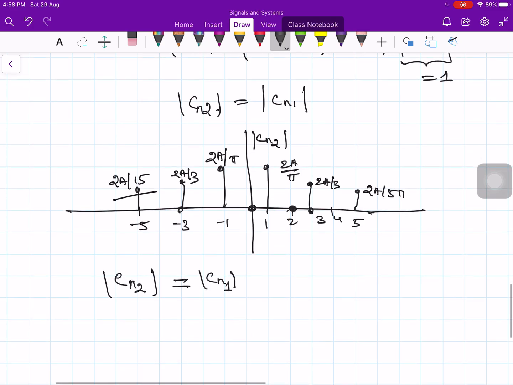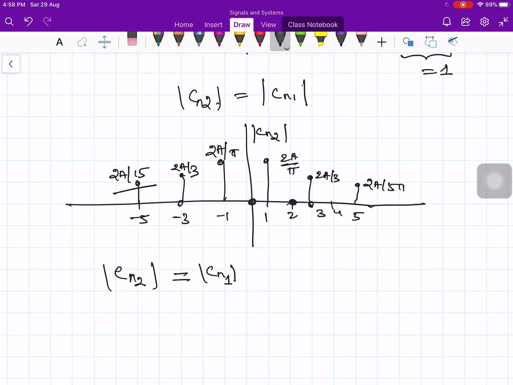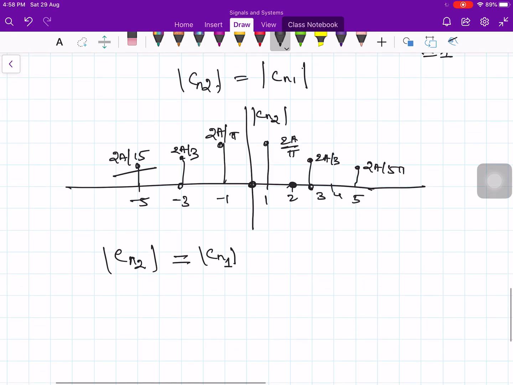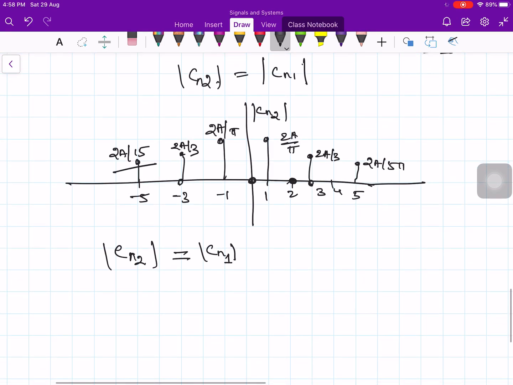However, the phase gets modified because of the introduction of e to the j n pi by 2. Okay, so instead of the original phase, at each component you have an addition of n pi by 2.